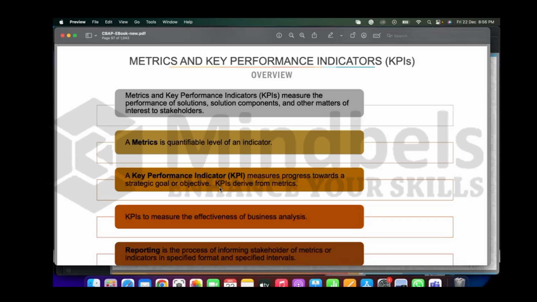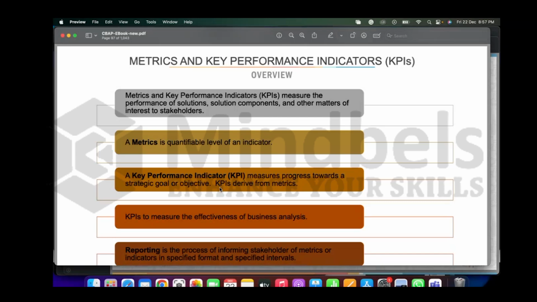If you want to apply this technique in your BA role or a project, you need to make sure you measure the performance of solutions in the interest of stakeholders. KPI is very important. When you work with a company, they align you with certain goals, responsibilities, and KPIs, which is how they identify your performance based on the solutions, like indicators.